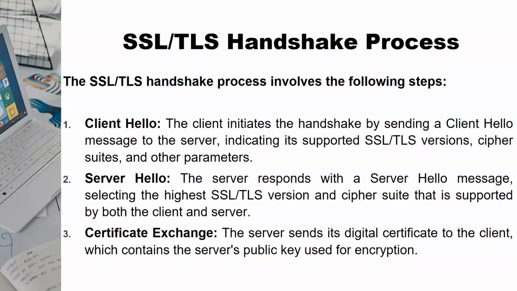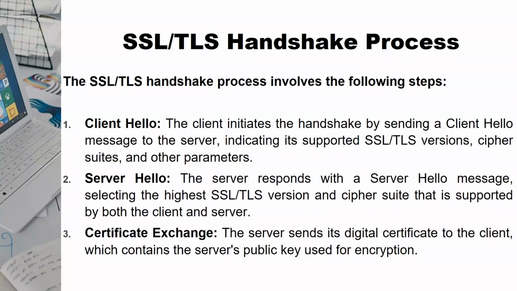So your browser sends a client hello message to the Amazon server, for example, indicating that it supports TLS 1.2 and AES 256 encryption. This is the initiation of the handshake by sending a client hello.